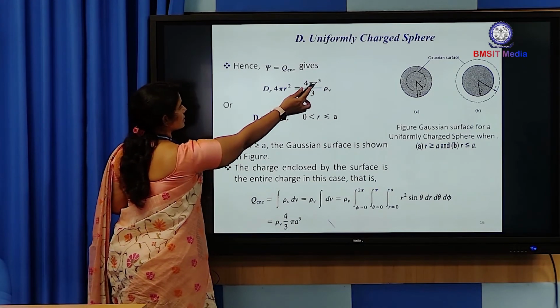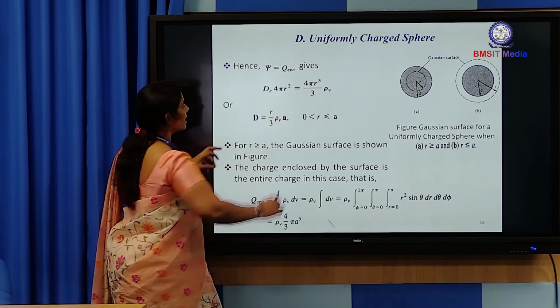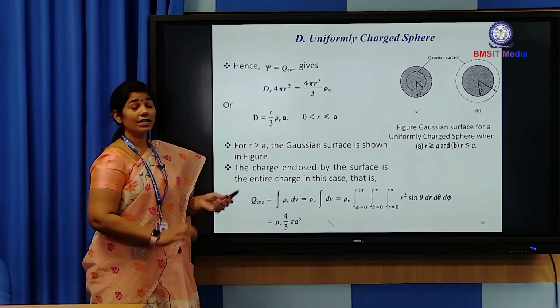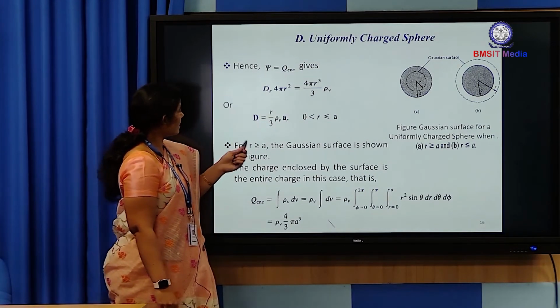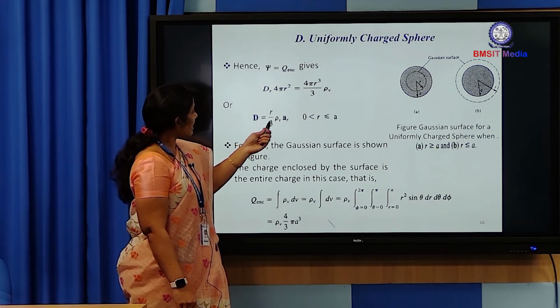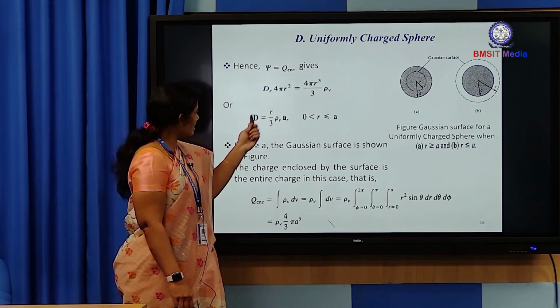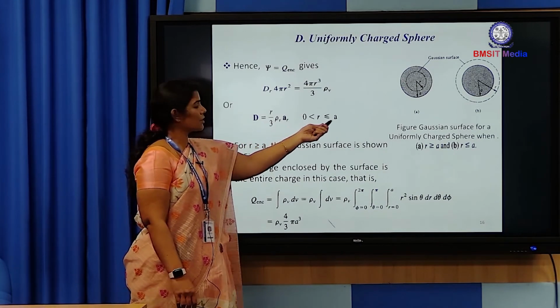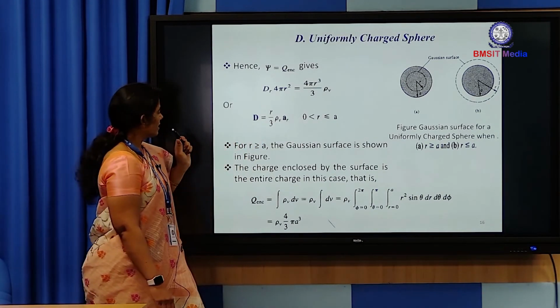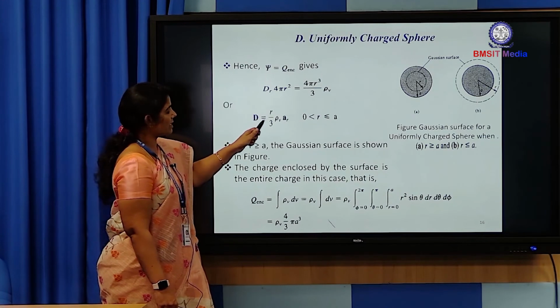So, D_r is equal to r by 3 rho_v into a_r, and you can see here this r is varying from 0 to a. So, keep this in mind.